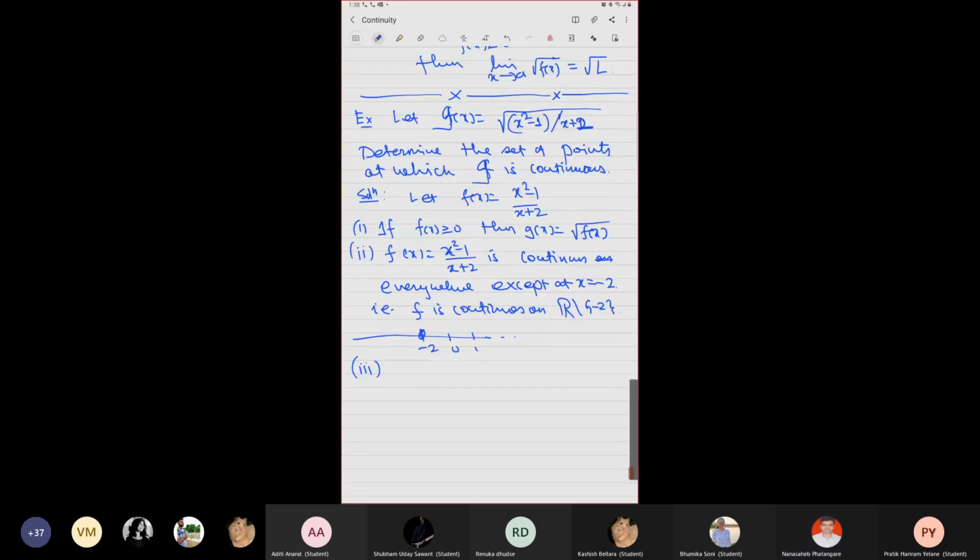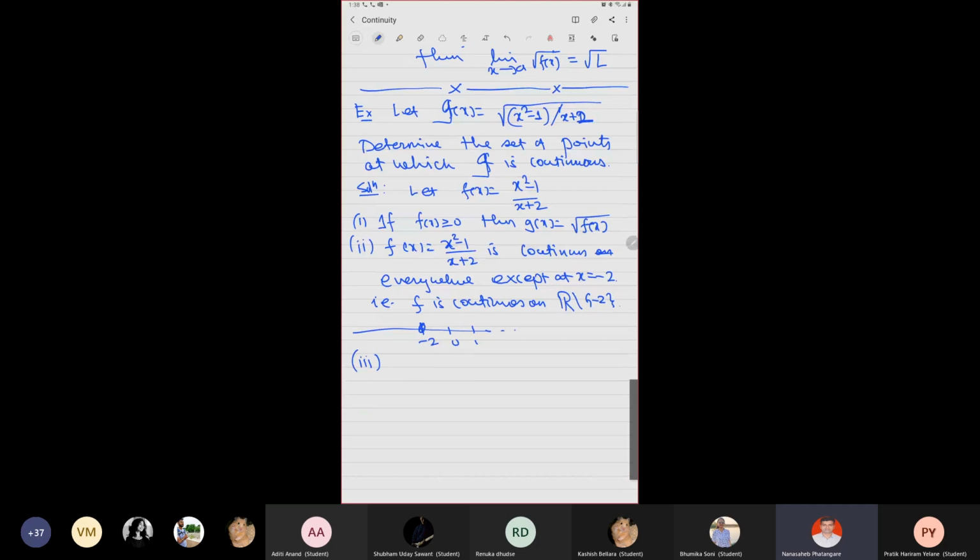So at what points is f(x) greater than or equal to 0? When (x square minus 1) upon (x plus 2) is greater than or equal to 0. At what point is this function non-negative? When either both are positive or both are negative.